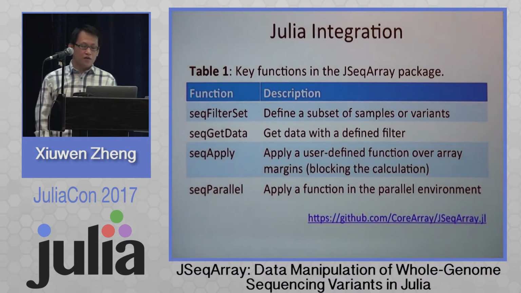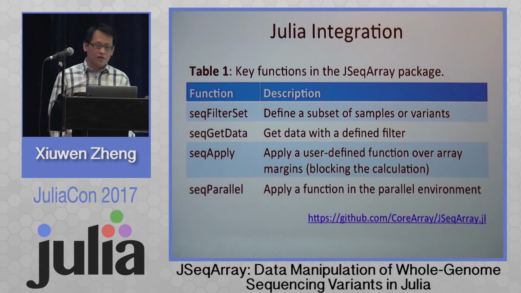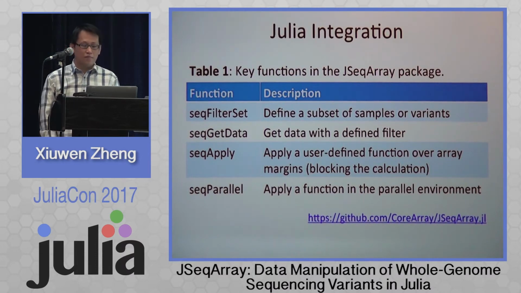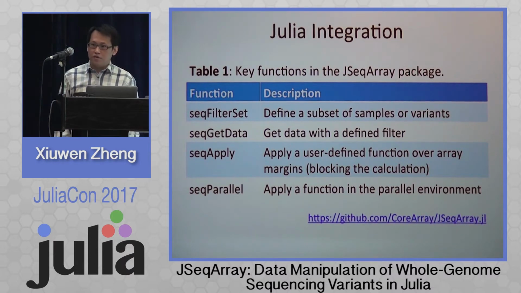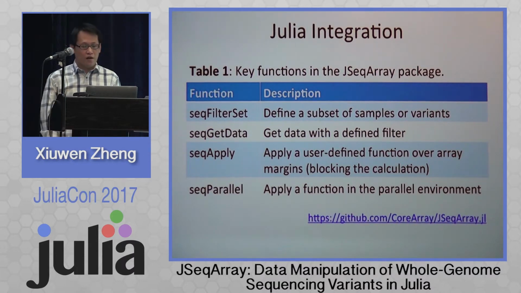Here I introduce a new SeqArray package for data manipulation of SeqArray files. Table 1 lists the key functions provided in this package. Many data analyses can be done using just these functions. The functions seqSetFilter and seqGetData are used together to retrieve data from a subset of samples and variants.